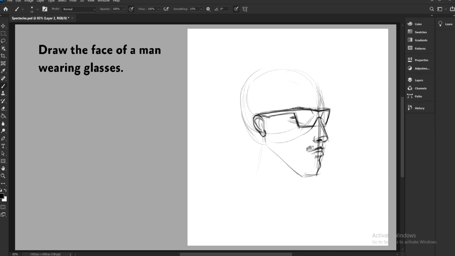All right, so it gives slight amount of beard here.